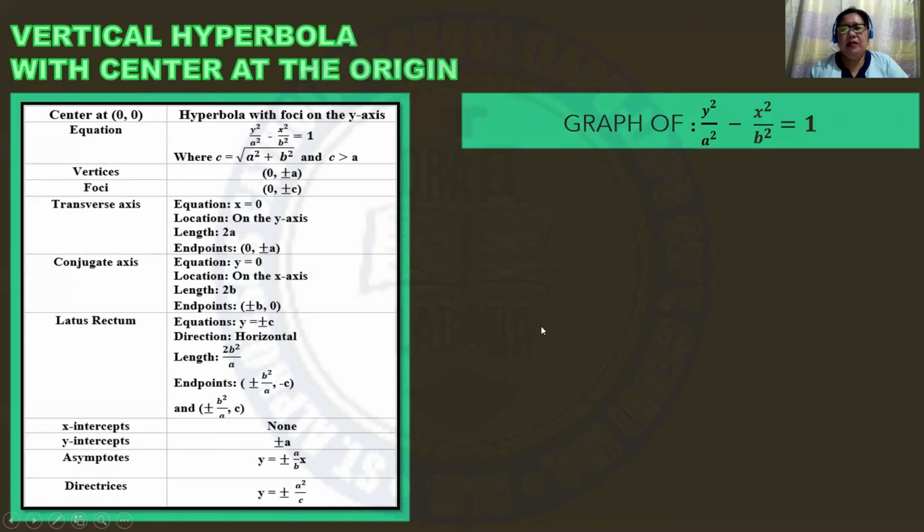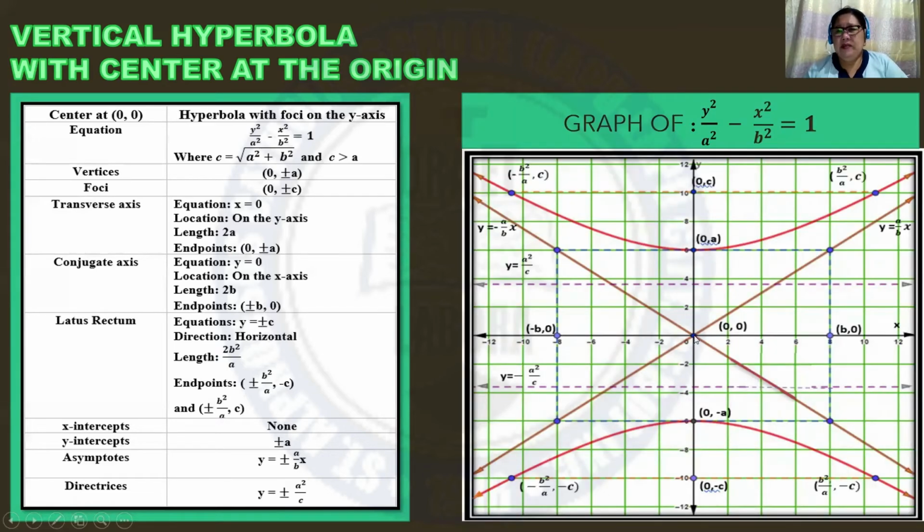So this is now the graph. This is the center, but this time the hyperbola is drawn in this manner. So this is now the center, and you have now the vertex. This is the vertex on the y-axis. So this is the transverse axis.